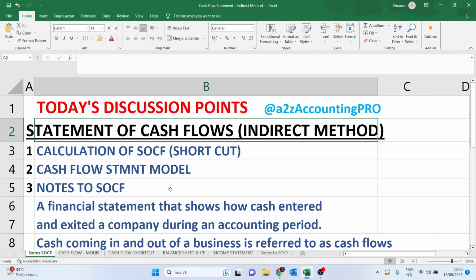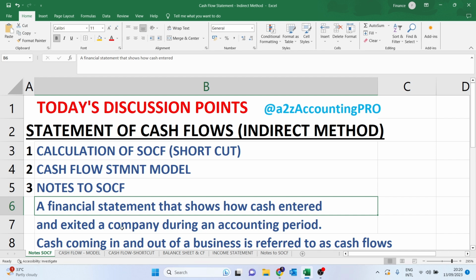So, what is a statement of cash flows? It's a financial statement that shows how cash entered and exited a company during an accounting period. So, in and out of cash during an accounting period. Cash coming in and out of a business, that is called a cash flow.